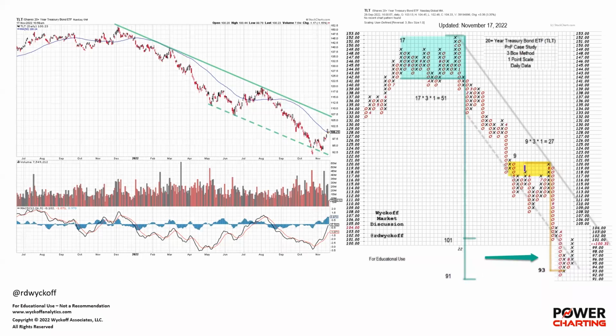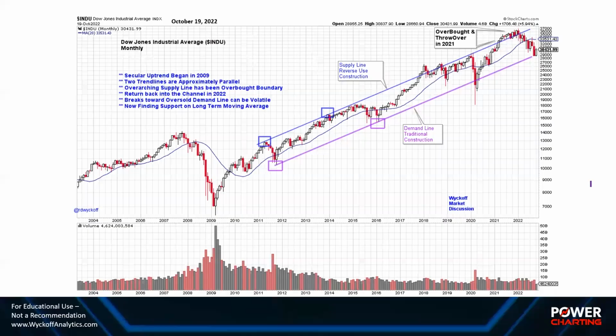Look at the acceleration down and out of this point and figure downtrend channel, throws under here, here, and here, goes to 92, misses the low count by 1 box, 1 point. And now it's sharply rallied back up into the channel. I think it'll just bounce around in the channel for a while, but great job, point and figure analysis. This is great stuff. All right, we've got to keep going.